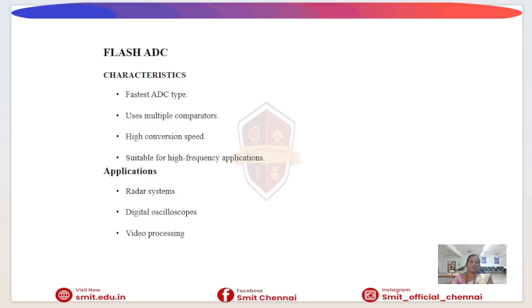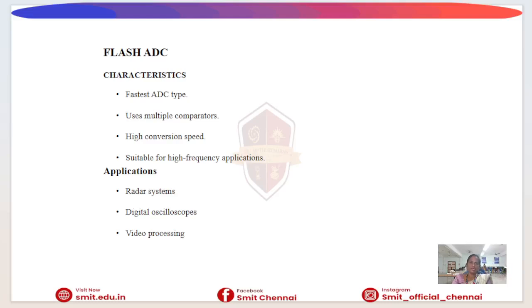Flash ADC is the fastest type of ADC available. It uses a large number of comparators working simultaneously to compare the input signal with reference voltages. Because all comparisons occur at the same time, the conversion process is extremely fast.